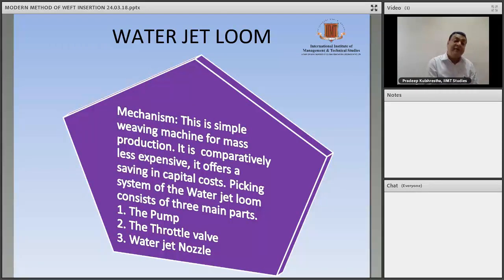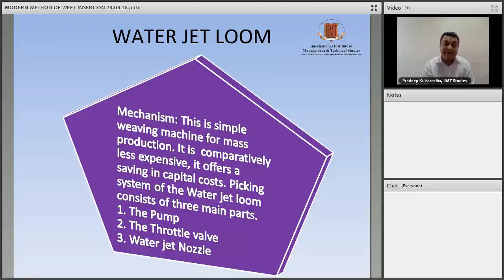Then I'm coming to the water jet looms. Initially, water jet looms were available in Japan. The Nissan company made them, but there were so many manufacturing lacunas, so these looms were not successful. Then Tsudakoma made the water jet loom.